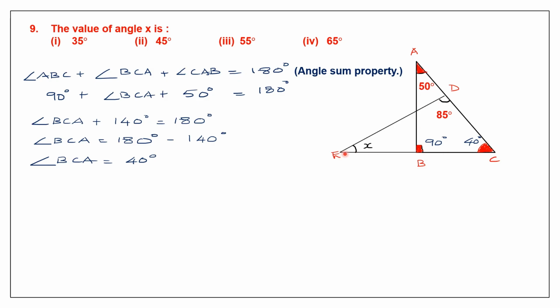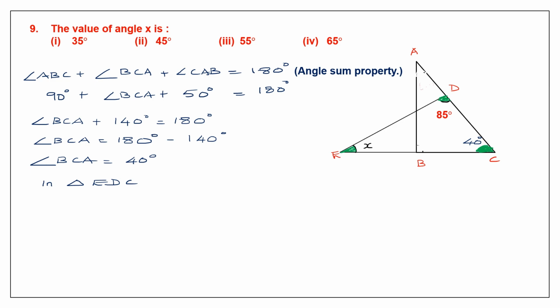Now we're going to look at only triangle EDC. So let's write that. So now we're looking at triangle EDC, that is all three angles in green. Can you see? Three angles in green should add up to 180 degrees. So let's write that.